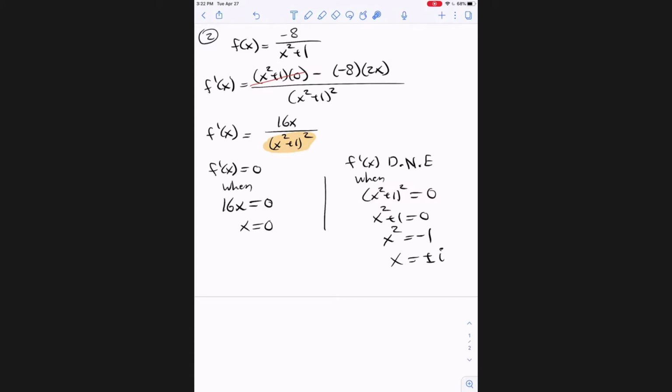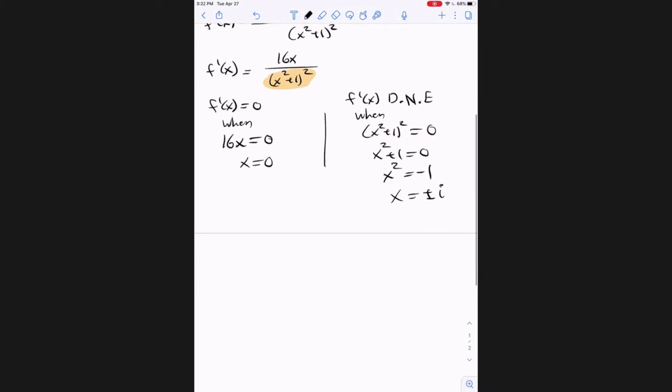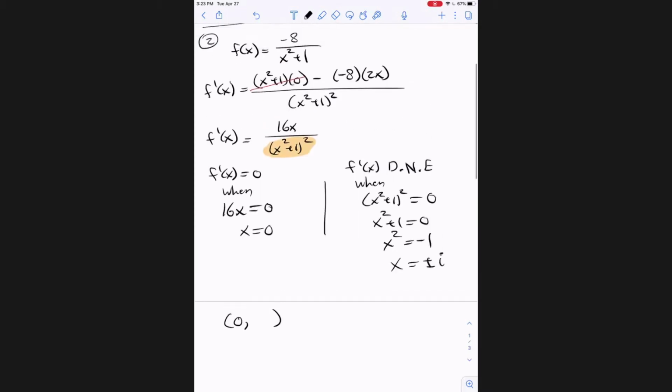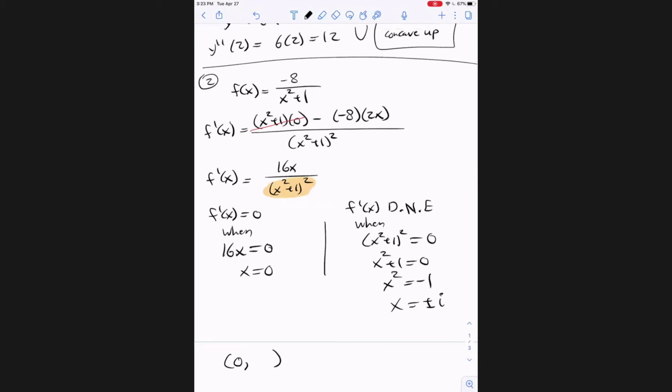So it could never be 0. Really, you just have to worry about the numerator, 16x, and that's 0 when x equals 0. So your only critical value is 0. What's the y value when x equals 0? You plug it back into the original. If I plug in 0 for x, 0 squared plus 1 is 1, so negative 8 over 1 is negative 8.